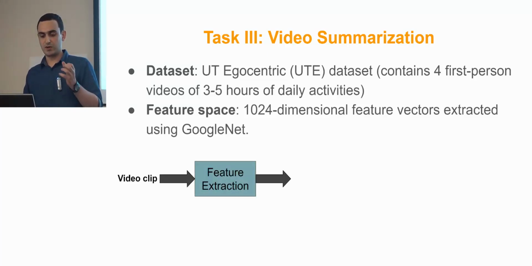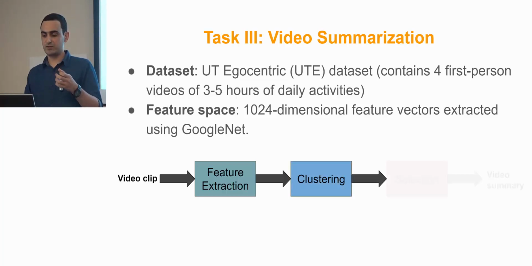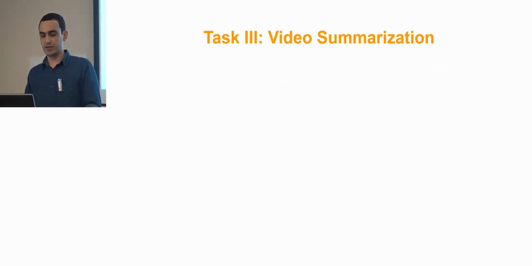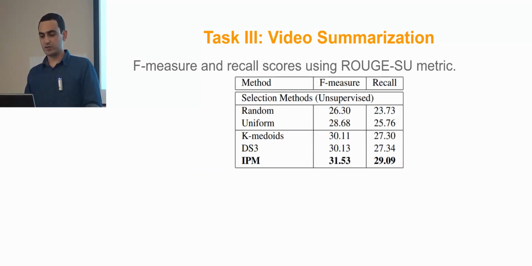We segmented the video into 5-second clips, and for each 5-second clip, we extracted a feature vector, then clustered the feature vectors, performed the selection to select the clips, and then stitched them together to create a video summary. To show you the results, we used the Rouge-U metric. Again, among the selection methods, IPM is doing pretty well.